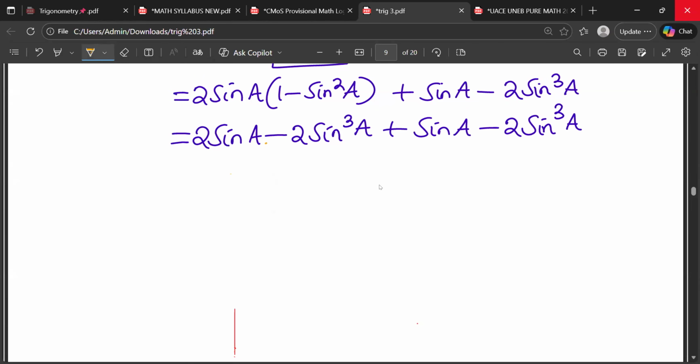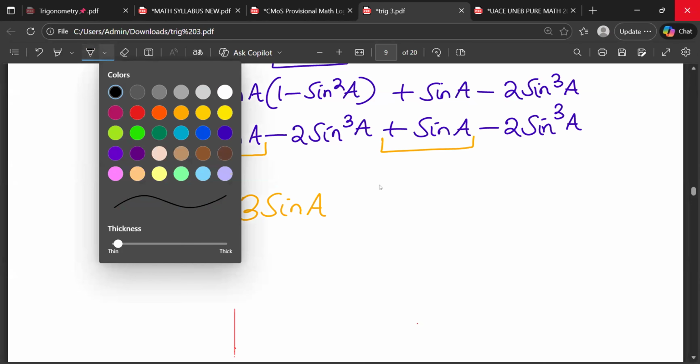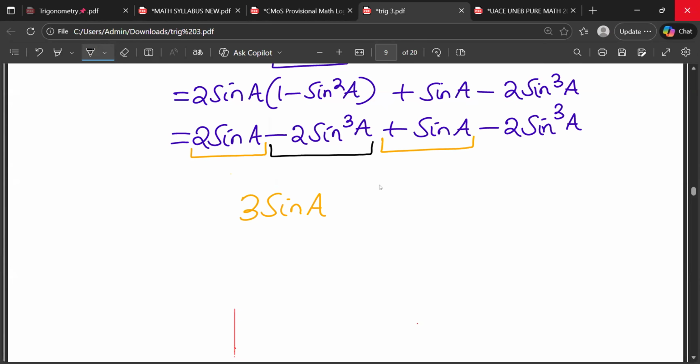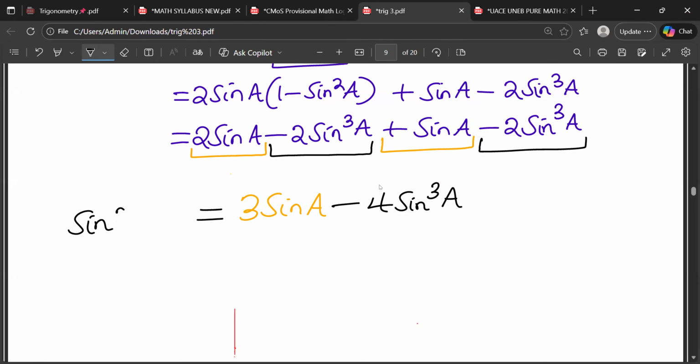Then you can see this is sine 2A, this is plus sine A. That's what gives us 3 sine A, positive of course. Then what else? We are seeing this minus 2 sine cubed and also minus 2 sine cubed. So it gives us minus 4 sine cubed A. And that's how. So the 4 people who told me that 3A refused to come out, is it now okay?